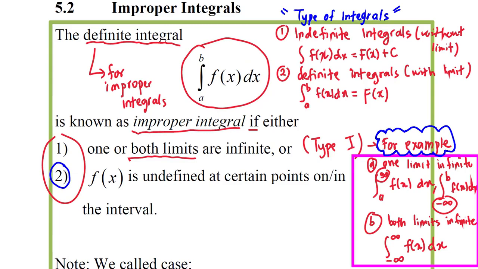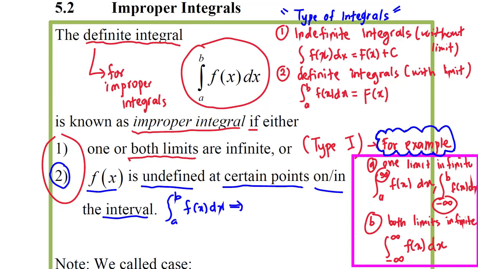The second type of improper integral is where f(x) is undefined at certain points on its interval. Although the integral looks normal, like a to b of f(x) dx, if you substitute f(a), you get infinity.